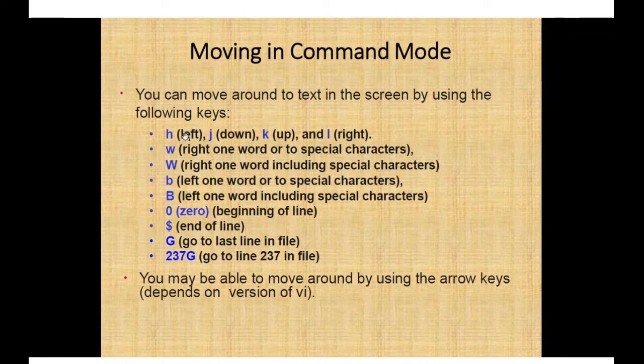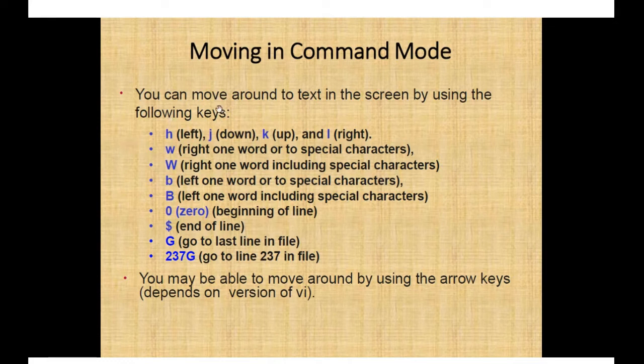The rightmost of these four characters is L, and this is why it goes right. And J and K: J is as if a down arrow. J will get you down one line, and K is going to get you up one line.